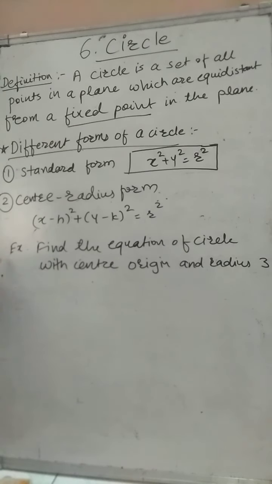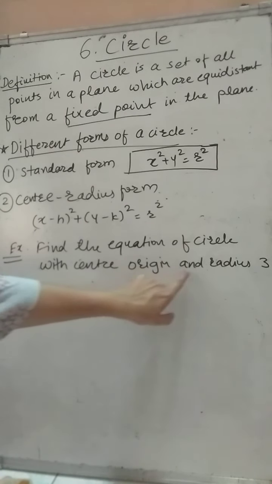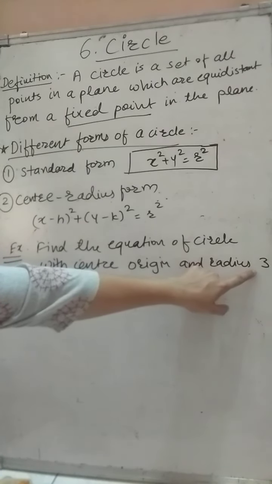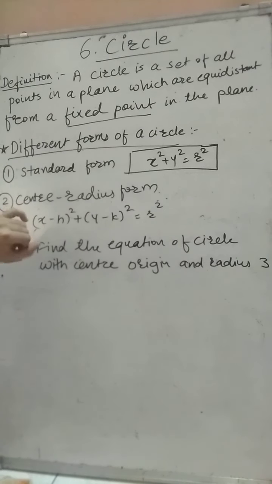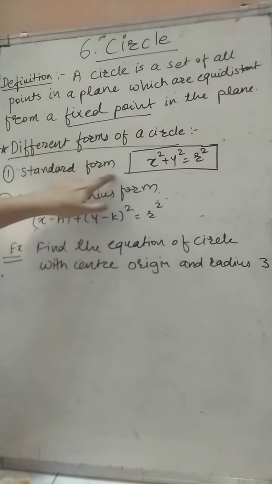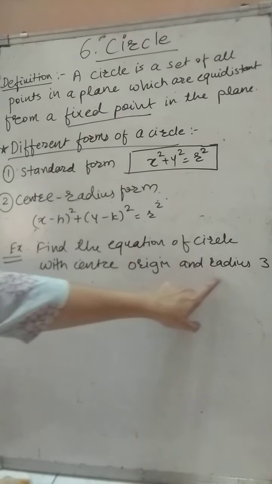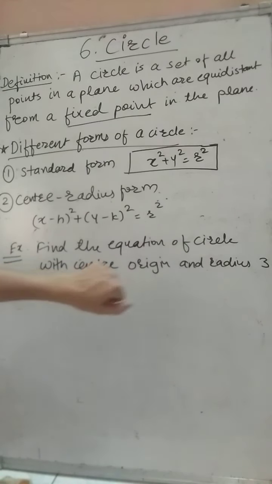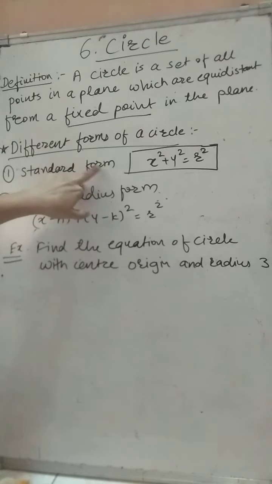Here we solve an example. What is the example given? Find the equation of circle with center origin and radius 3. Which form do we use here? Standard form, because what is given is the center as the origin and radius 3. Center origin means this is a standard circle, so we should use the standard form.